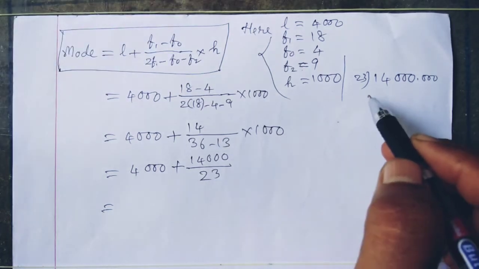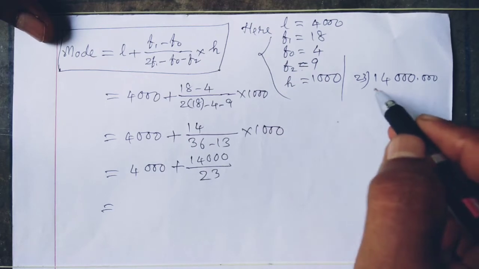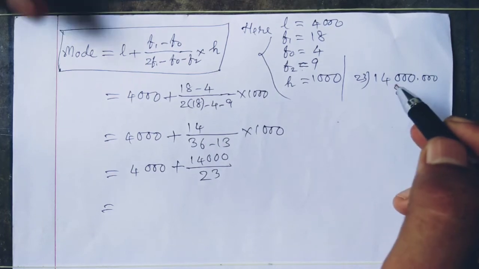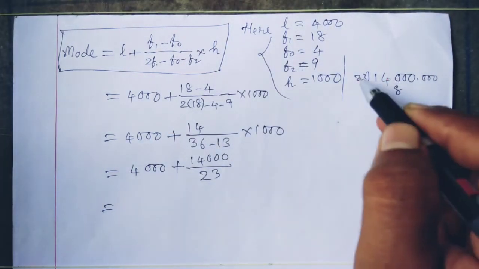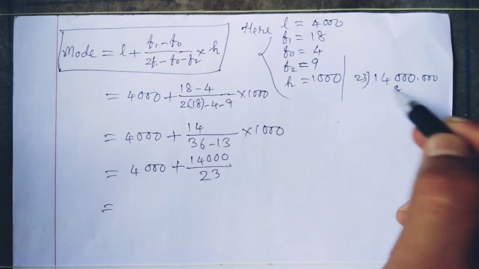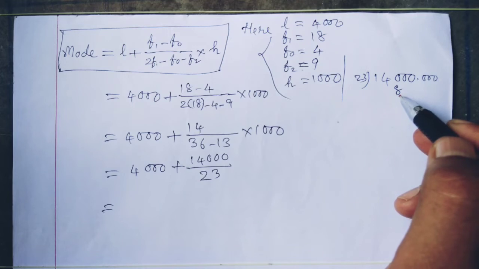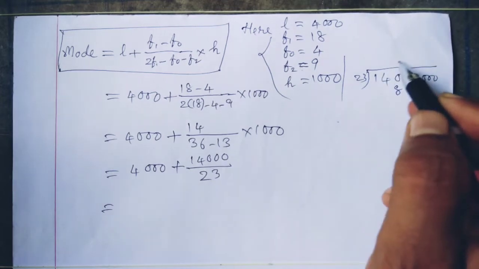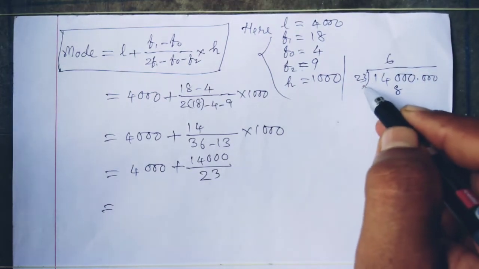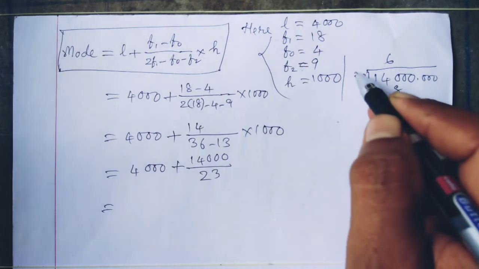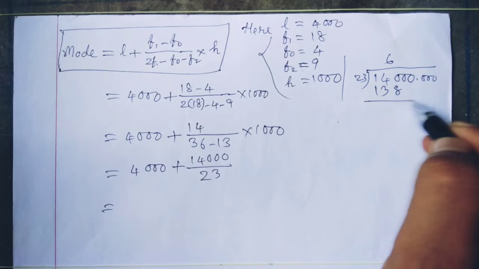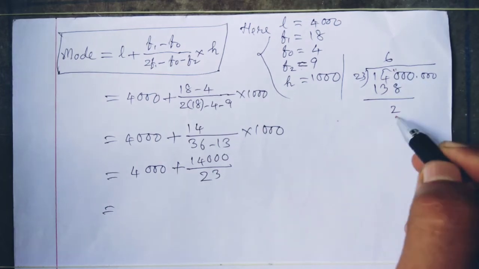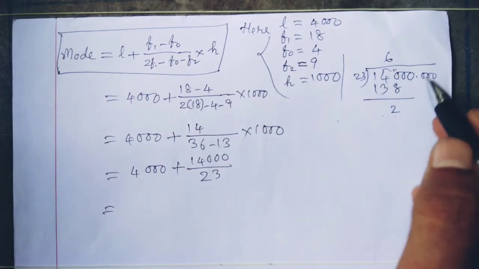First 23 sixes are 138. 23 sixes, 6 threes are 18, 6 twos are 12, 13, 138. 140 minus 138 is 2, then 0.